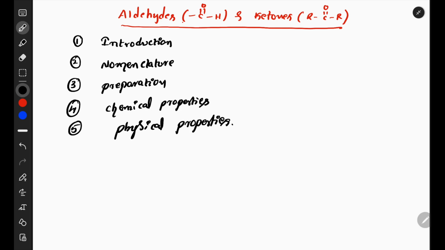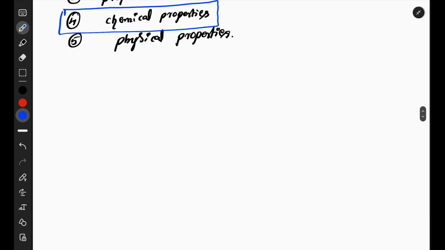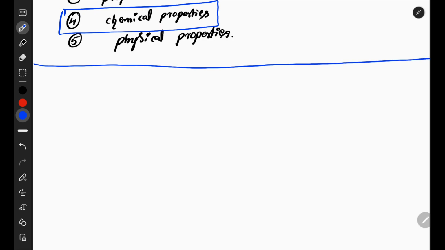Now I want to focus on one topic here, the chemical properties. Why? Because this topic is most important for competitive examinations. Let me start with the chemical properties of carbonyl compounds, that is aldehydes and ketones. Generally, aldehydes and ketones can undergo the following chemical properties.